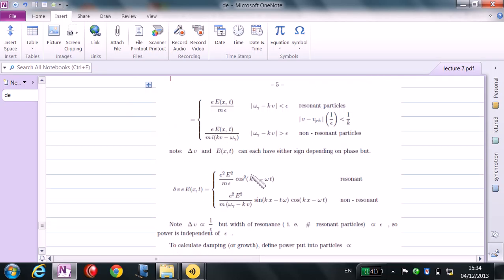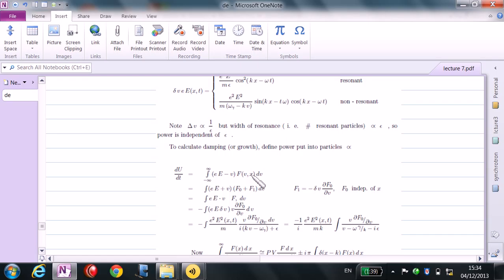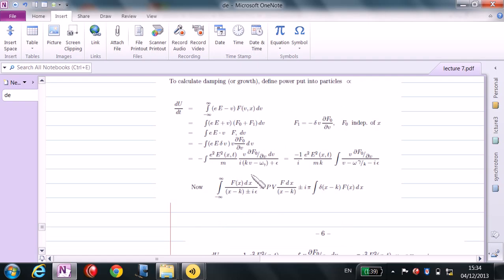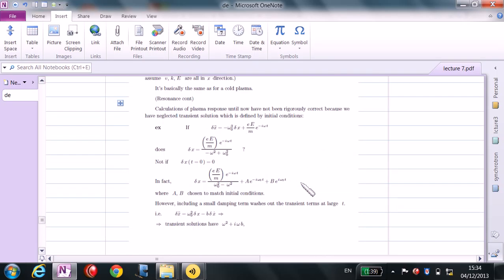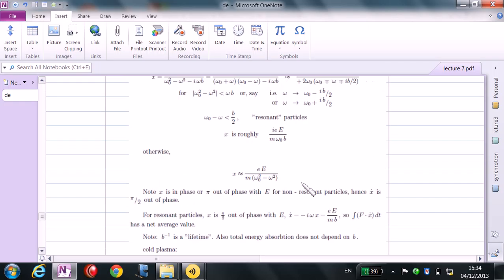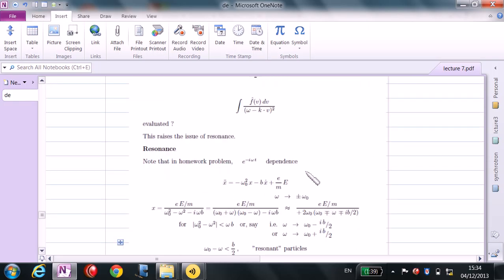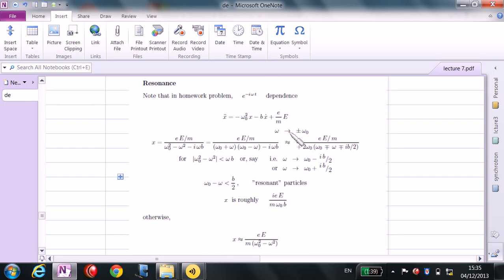Now, it looks like I do this every which way except Laplace transforms. Try to give a physical explanation. I guess we might as well follow the notes here. If you solve this equation with e to the minus I omega t dependence, you get this solution very easily.